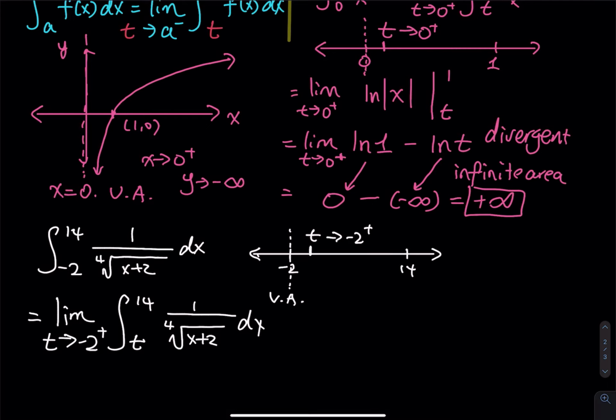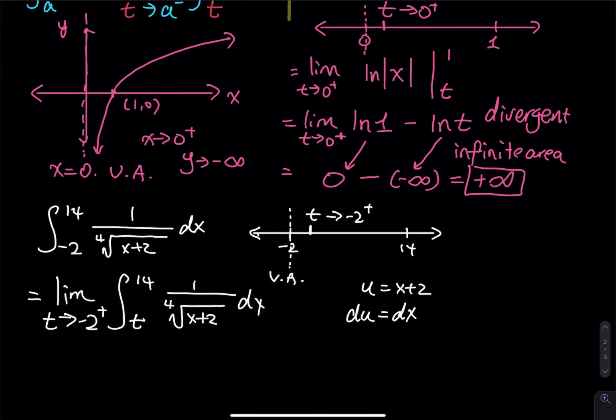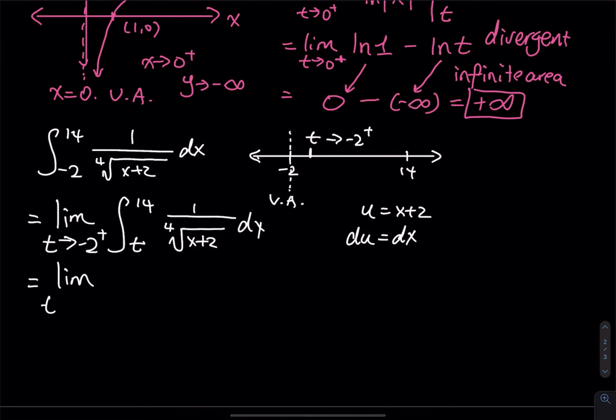This is a u substitution, so we let u equal x plus 2, and then du is equal to dx, so you have a u in the denominator. And then we have the limit as t approaches -2 from the right. So basically it's 1 divided by the 4th root of u, right? What is that equal to?